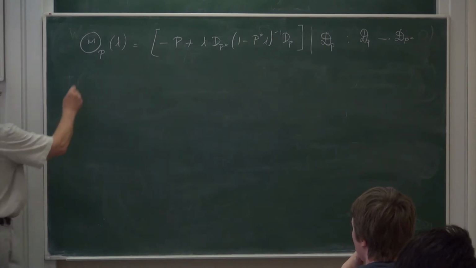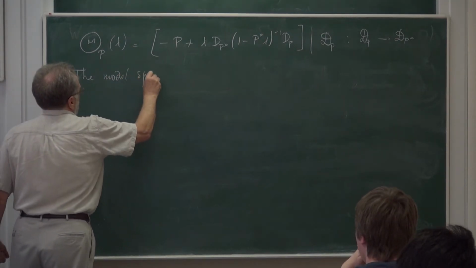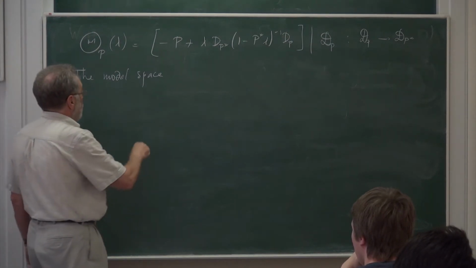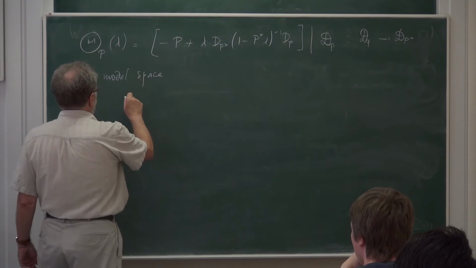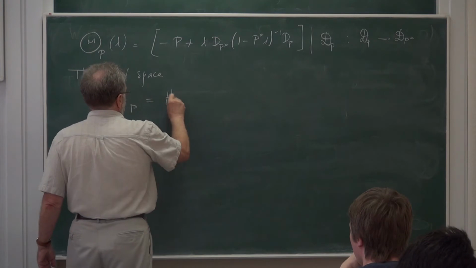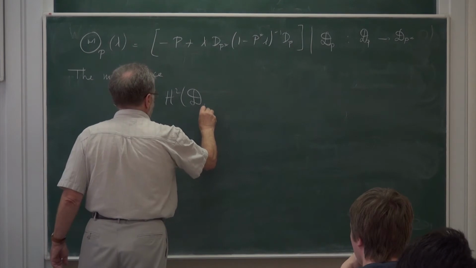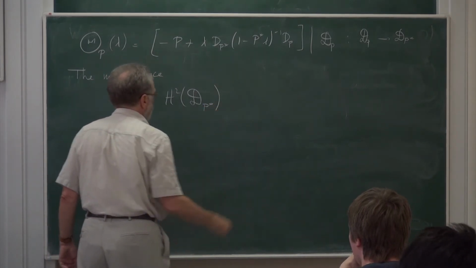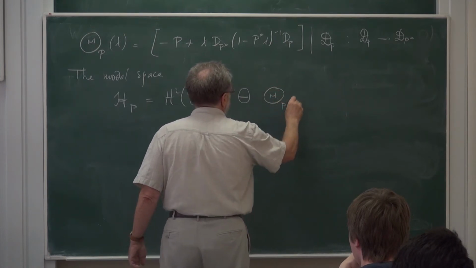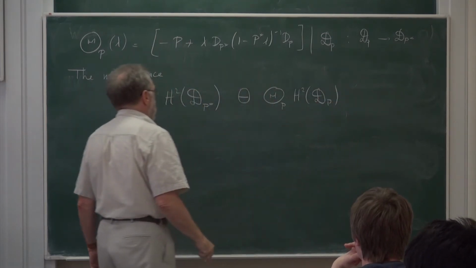And so the model space in the pure case, so when the adjoints of the powers of p tend strongly to 0, HP is defined to be H2 with values in dp star, orthogonal complement of theta sub p times H2 with values in dp.